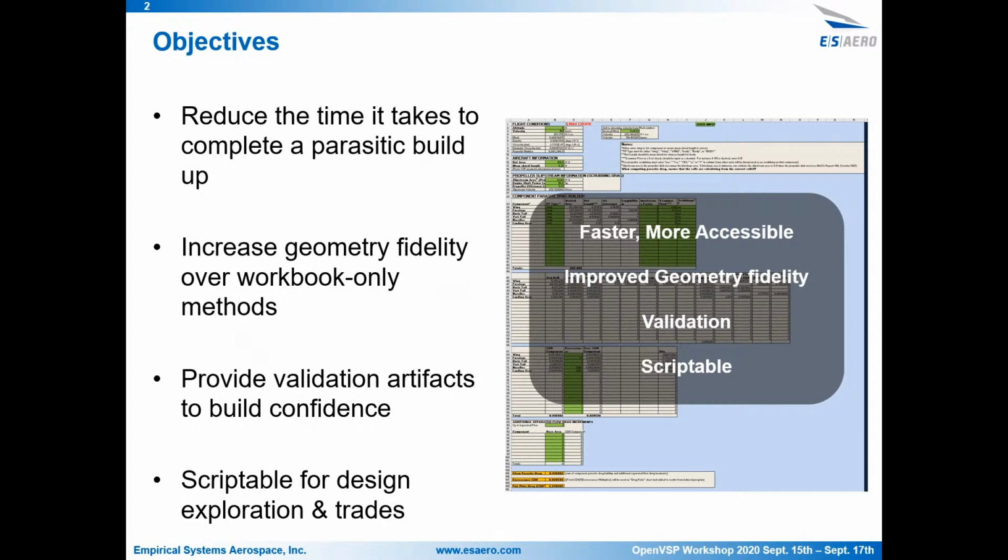But when we started developing the Parasite Drag tool, we wanted to go a step further. How can we make this even faster and more accessible? Reduce the time it takes, improve geometry fidelity over traditional workbook-only methods, and provide a validation case to help build artifacts and confidence in the tool, so people have it be their go-to tool.